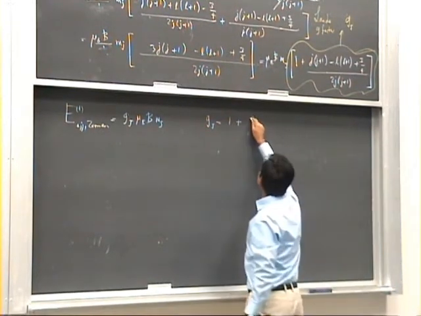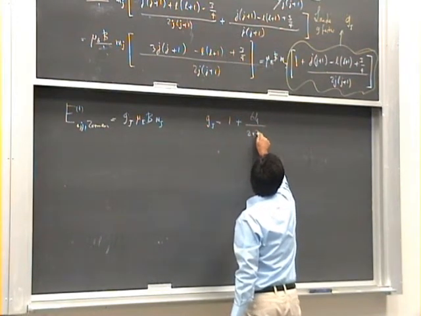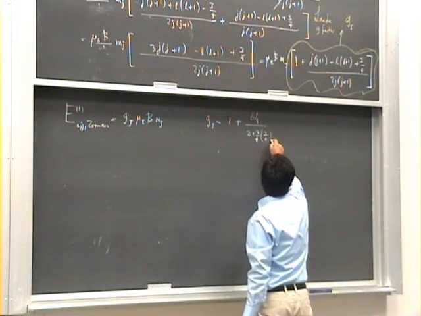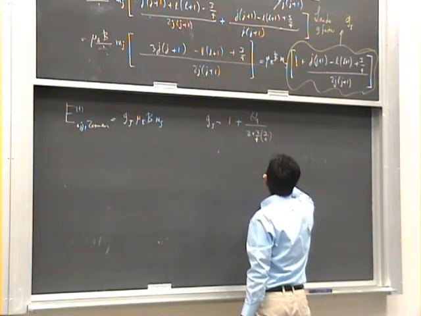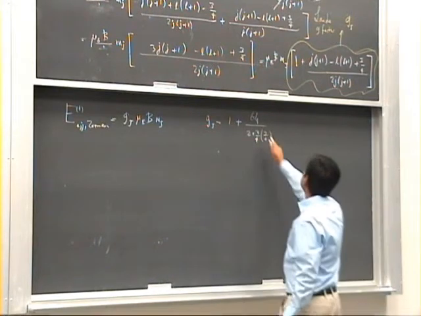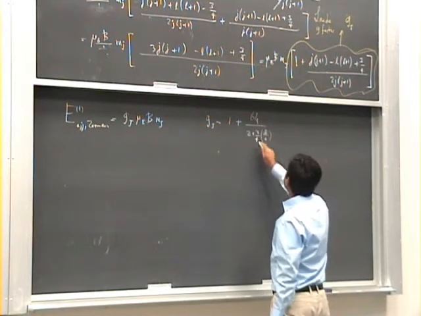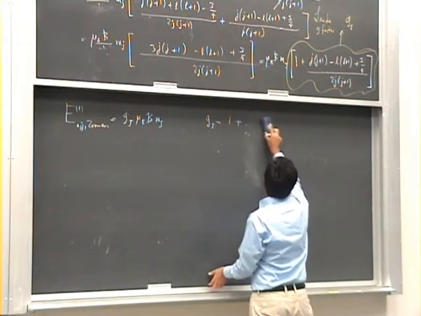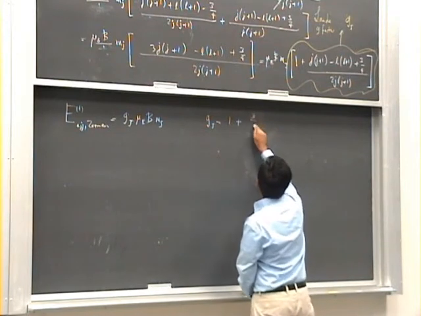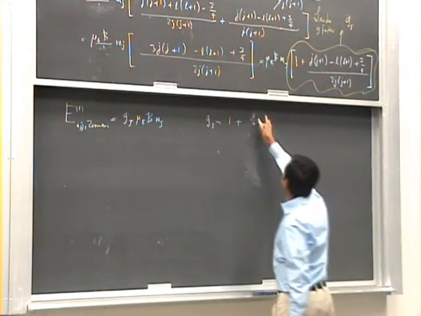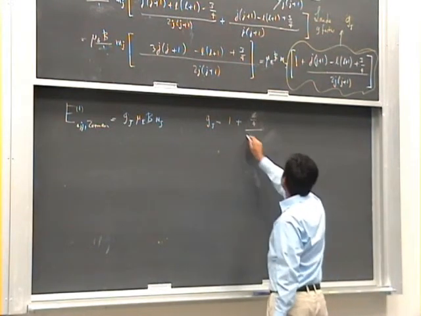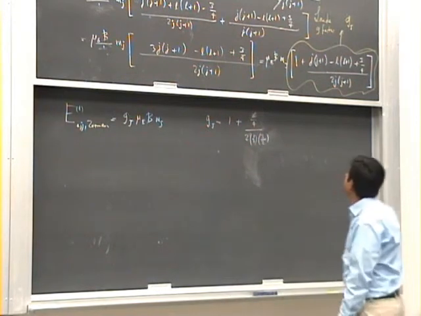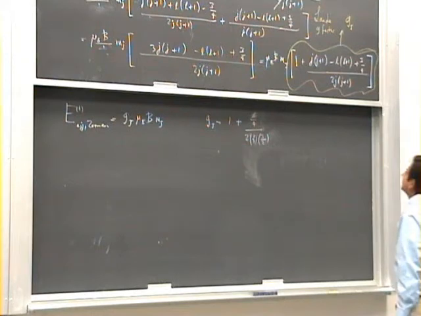So this becomes 3 by 4 plus 3 by 4, which is 6 by 4, divided by 2 times J(J+1), J is half, so 3 by 2, half plus 1 is 3 by 2.